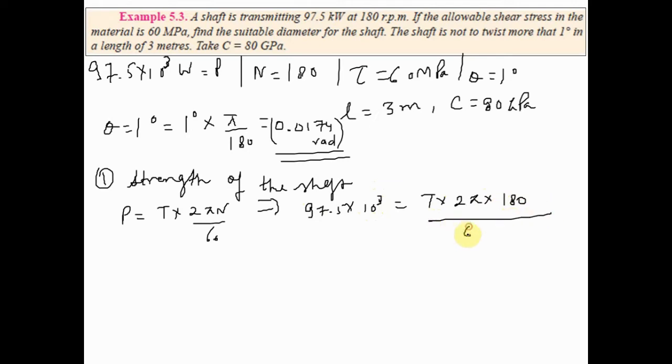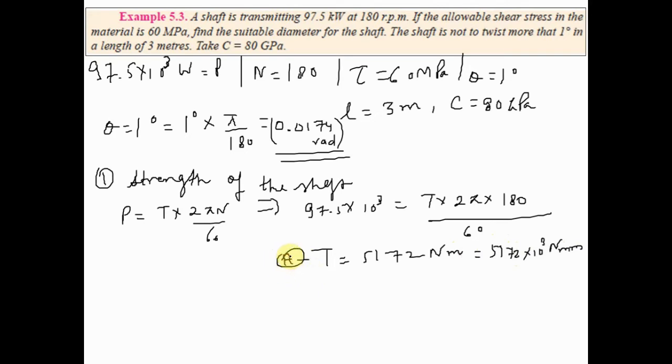Torque you will get as 5172 Newton meters. That is also equal to 5172 times 10 to the power 3 Newton millimeters. Okay. So this you keep as equation 1 or equation A.